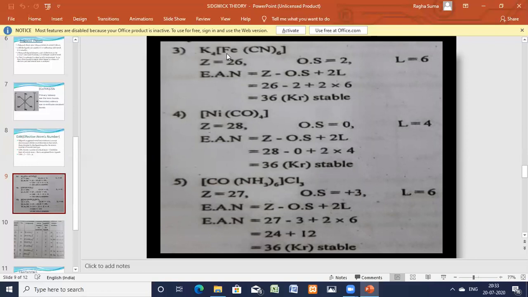So the oxidation state of the iron is +2. The atomic number is 26, and the total number of ligands is 6.